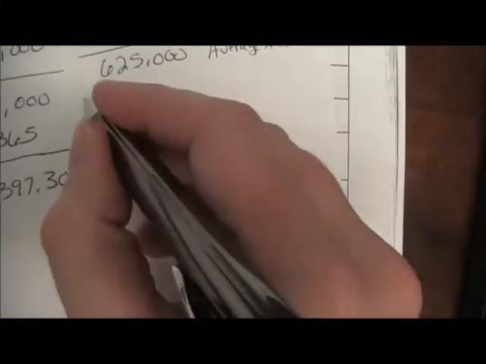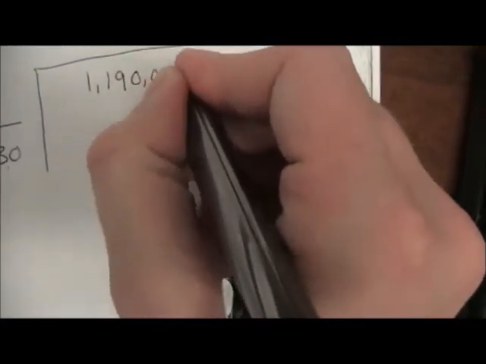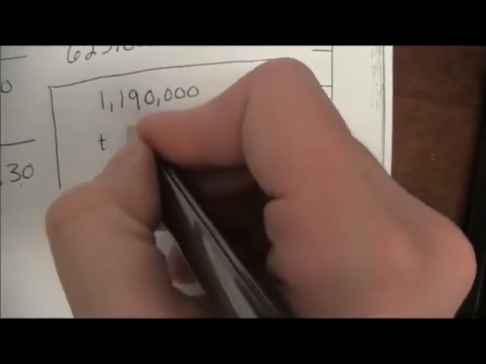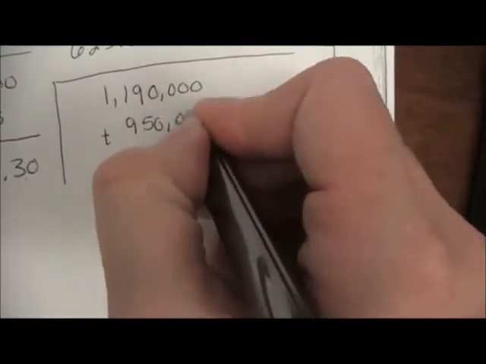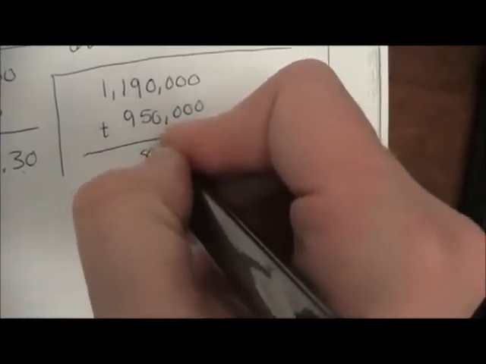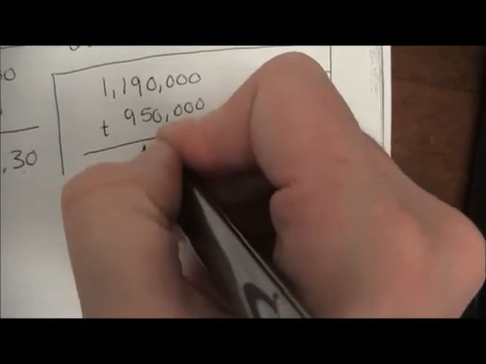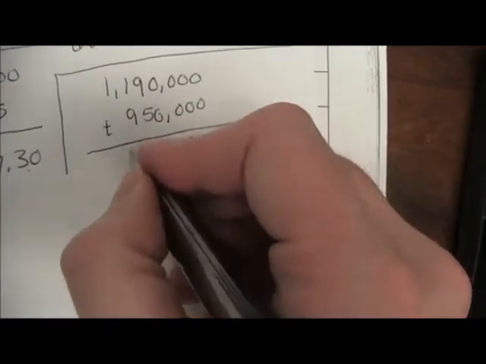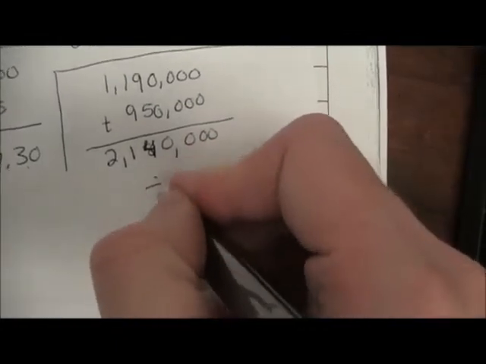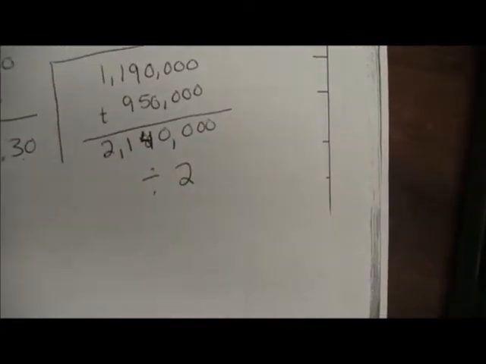So I'm going to take my scrap paper here. I'm going to take those two numbers, 1,190,000 plus the 950,000 of 2013, and I get 2,140,000, and I'm going to divide that by 2 to find the average.